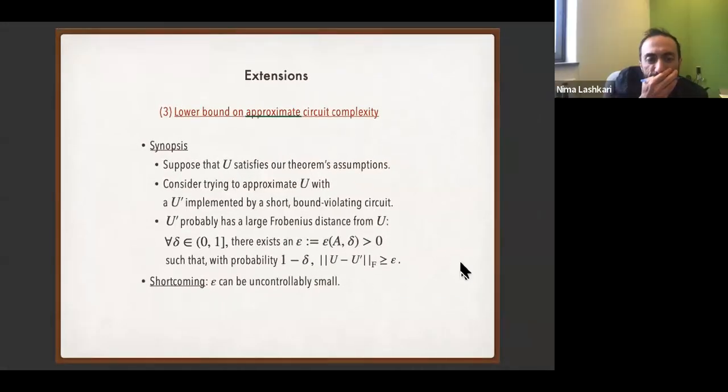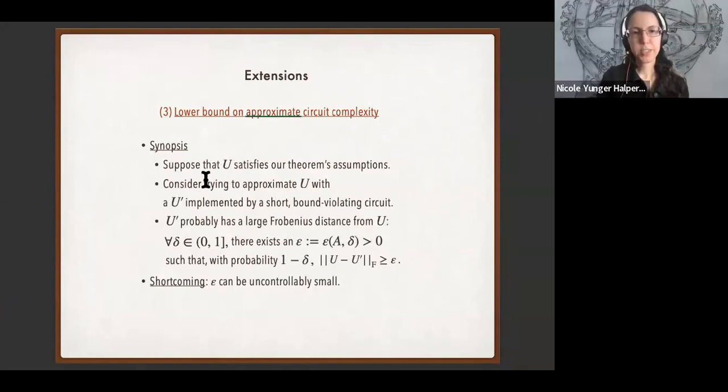Okay, suppose that we want to implement the unitary U, but what we actually implement is some other unitary U prime that's implemented by any circuit that violates our bound. So it's a particularly small circuit, or smaller than you might expect you need. Then U prime and U are somewhat far apart. The Frobenius distance between them obeys this lower bound.